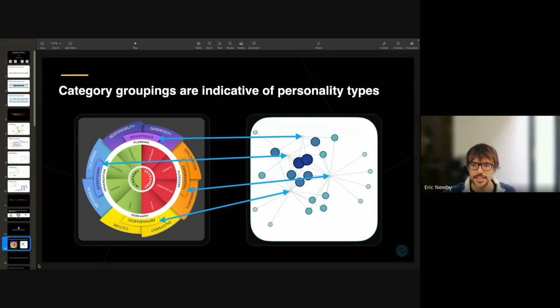If you look at the centralities of the different categories in someone's spend network, you can use those as indicators of behavior and then map those indicators onto a spend personality.